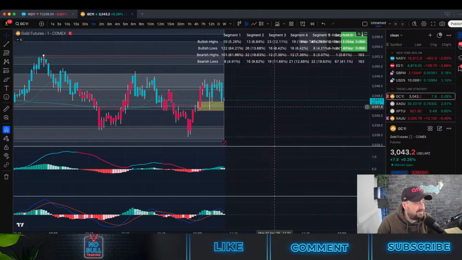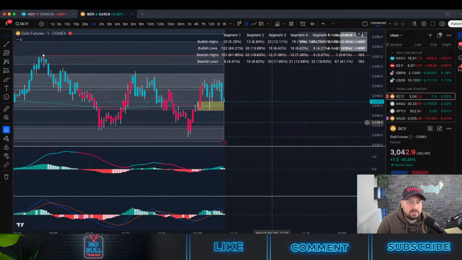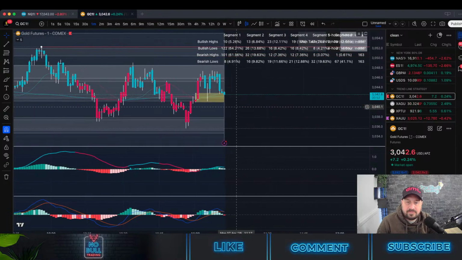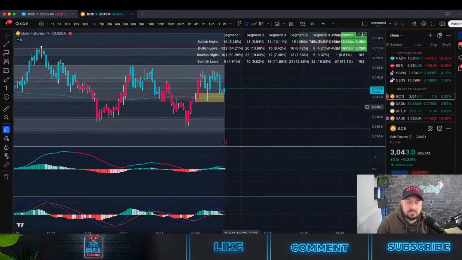Okay, look, we're 11 minutes in. On the 7-minute candle, we just took the high. This is our current low for the hour. Got a small bottom wick. Gold's pretty. We'd have to see a very shallow correction on the MACD now.